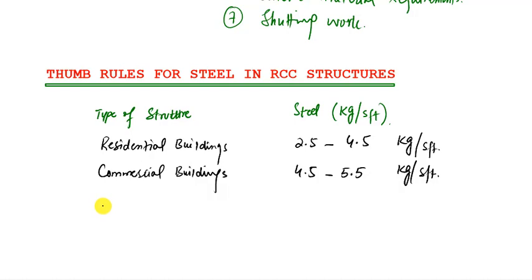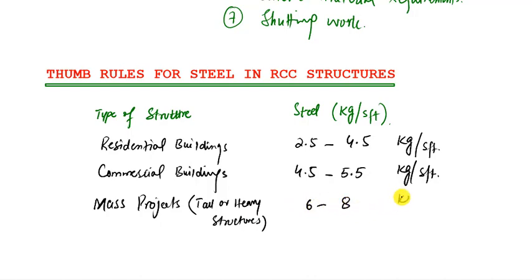And for mass projects, like tall buildings or heavy structures, we take 6 to 8 kg steel per SFT.